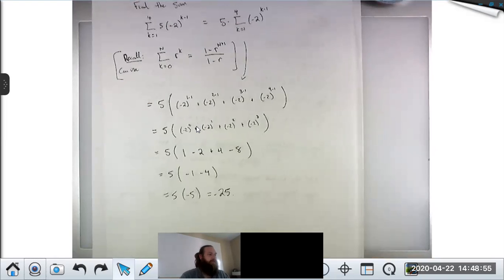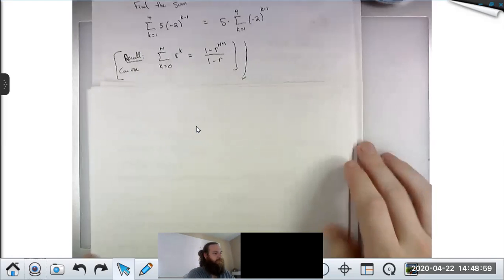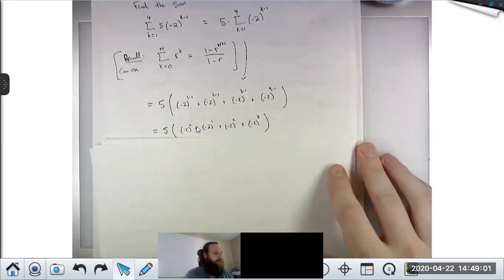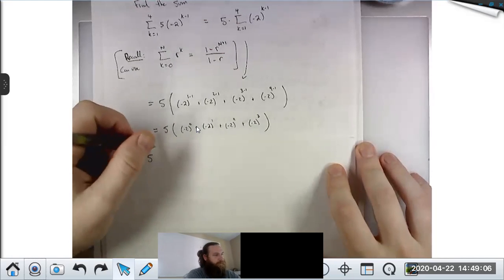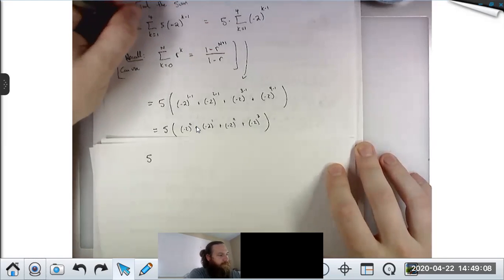Okay, let's see how to use the formula. In some senses, that's more fun. If I come back to this line, this is 5. I'm going to call the thing S, so I have a name for it.